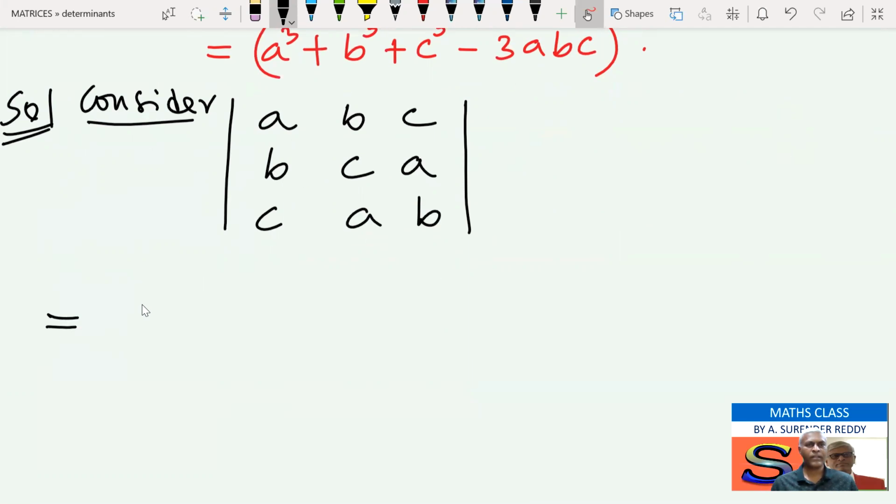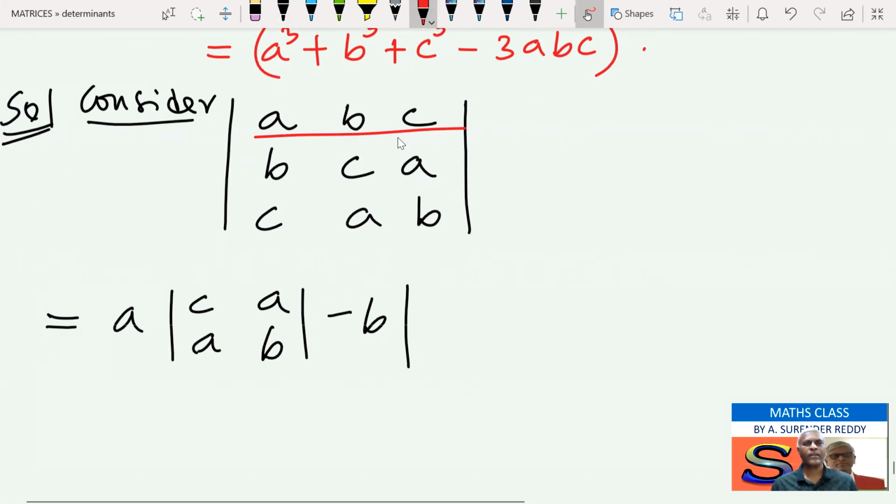So it's determinant A into the remaining 4 elements, neglecting the row and column: CA, AB, minus B. Leaving the row and column of B, take the remaining 4 elements: A into BC leaving, CA, AB, minus B.